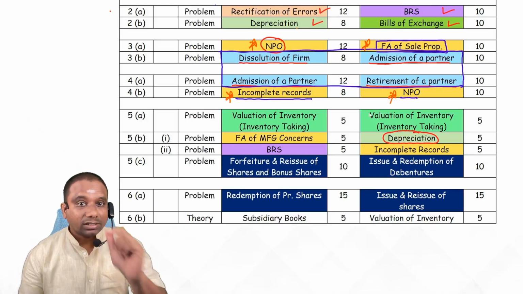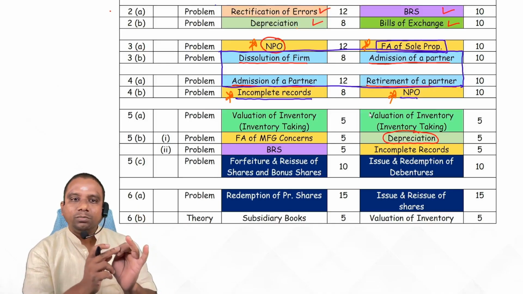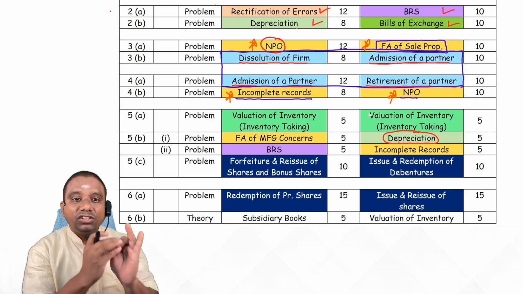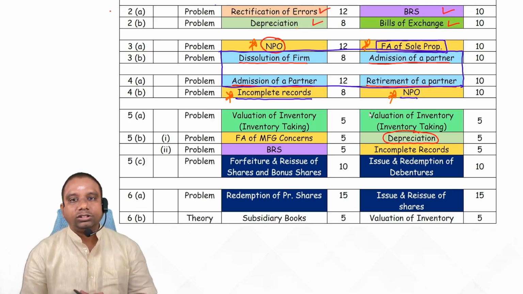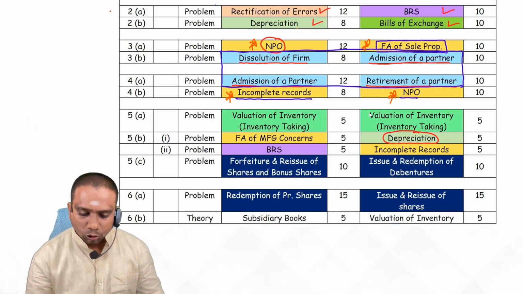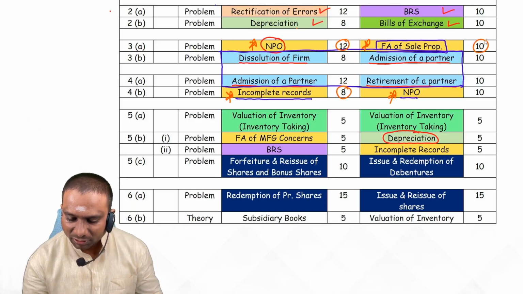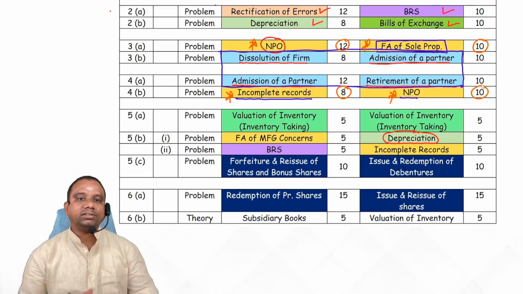Out of these 3 questions, they are asking 2 lengthy questions for 10 marks or 12 marks, whatever it may be. See, 12 plus 8, 20, and here final accounts 10, NPO 10, 20 marks.